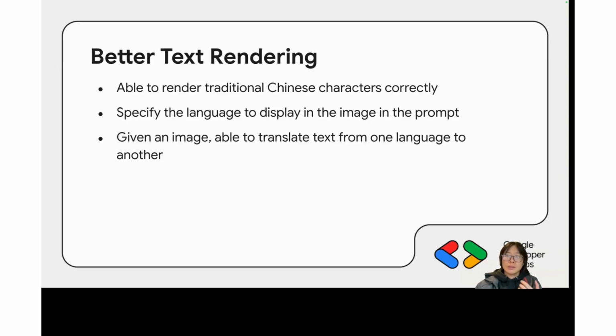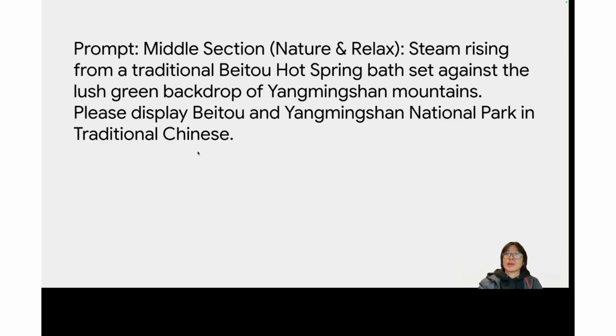And Nano Banana Pro is also good at translating text from one language to another in an image. I think I tried and I was able to translate from English to traditional Chinese in my case. So this is a prompt that I used in one of my Colab examples.